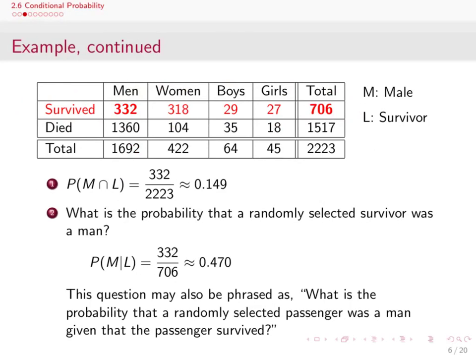In particular, this notation P of M with this vertical bar, then an L. We're going to use this notation to represent the probability of M given L. So that vertical bar there represents the word given, and the idea is that we're first restricting our sample space to survivors only, and then we're looking to see how many males survived out of that restricted sample space of 706 survivors.